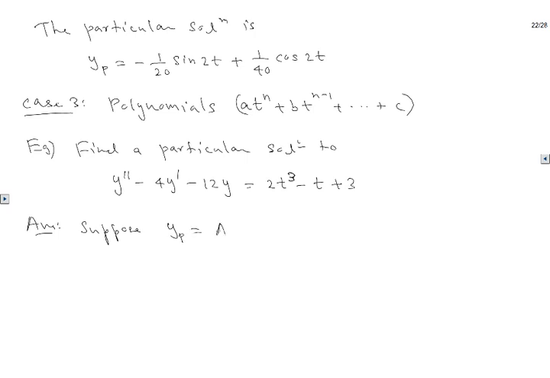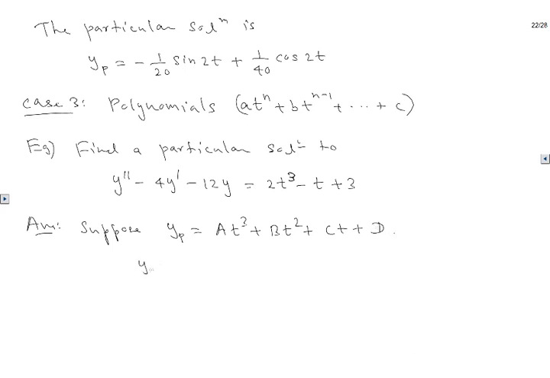So it is a t cube plus b t squared plus ct plus d. So that means there are 4 unknowns for this problem. It can be a little complicated because we're going to get 4 equations, but what we try to do is find as much as we can at the beginning so that you have just a few things to find. So as before, take the derivatives and plug in.